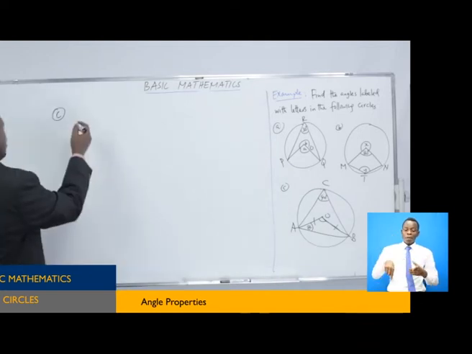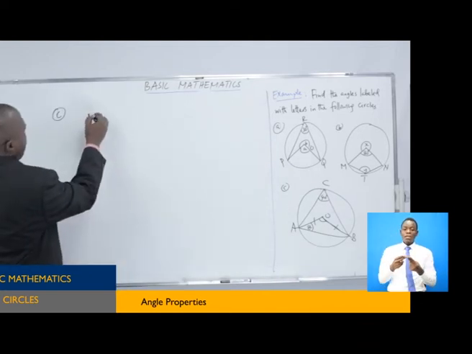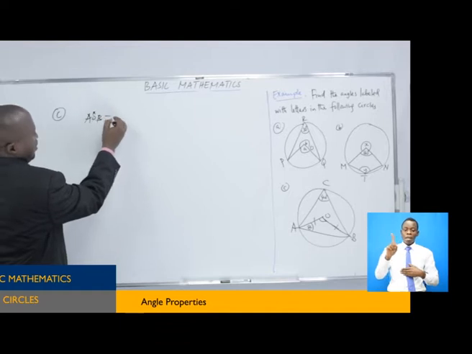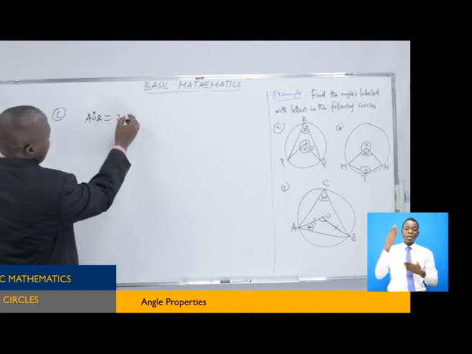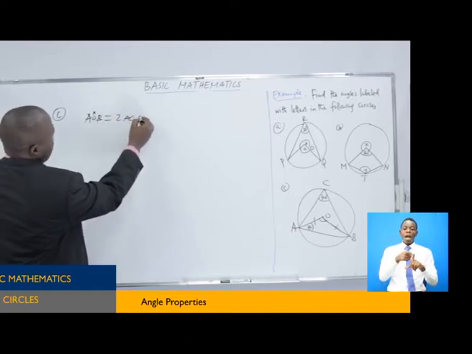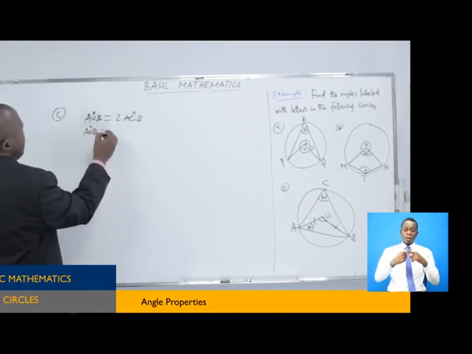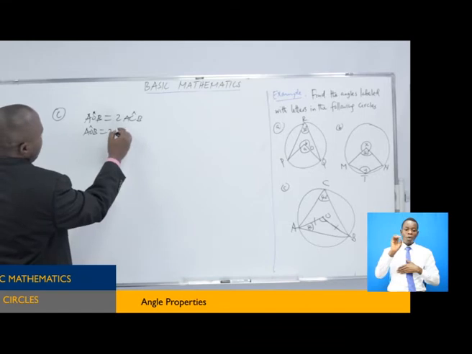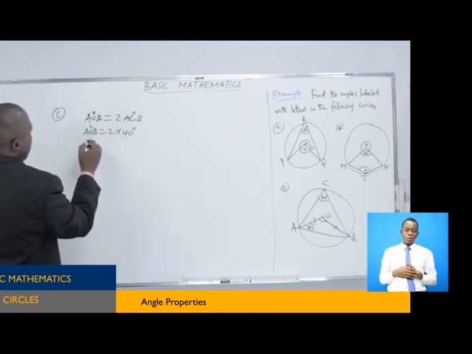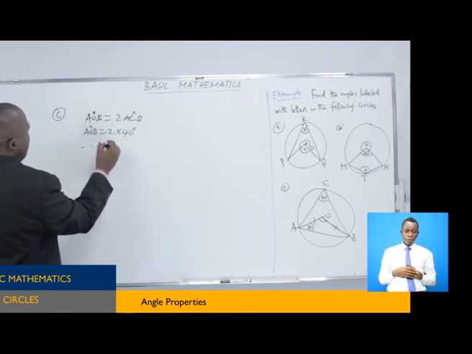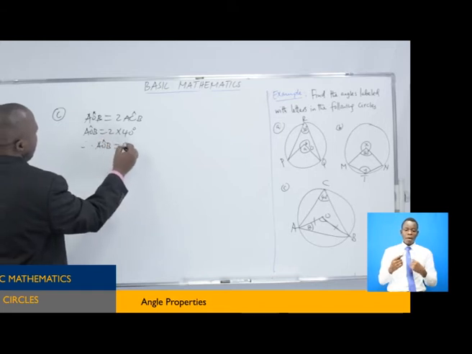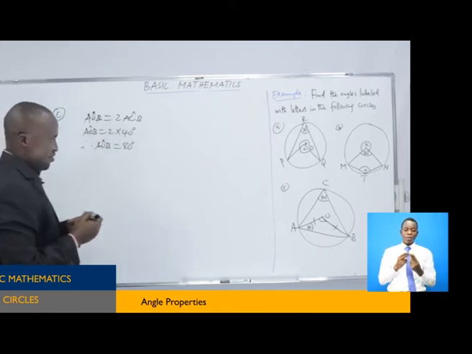So in this case, we say AOB is equal to double ACB. So AOB is equal to 2 times 40 degrees. So in this case, AOB is equal to 80 degrees.